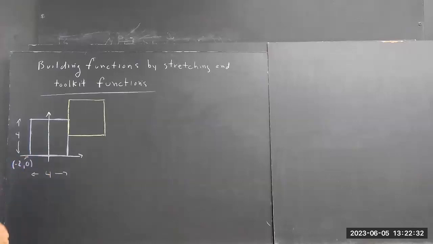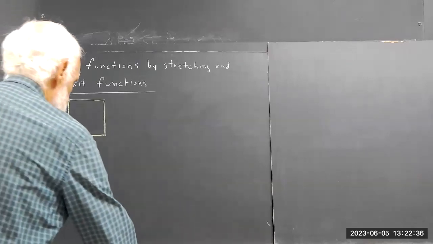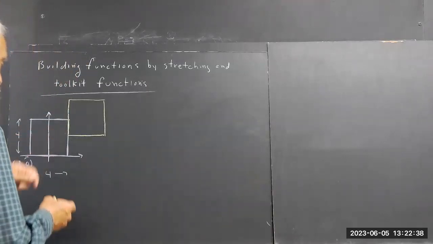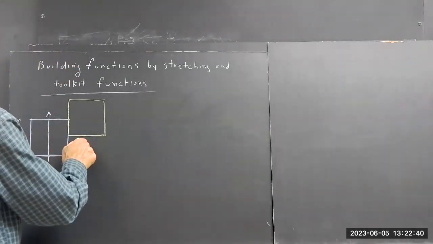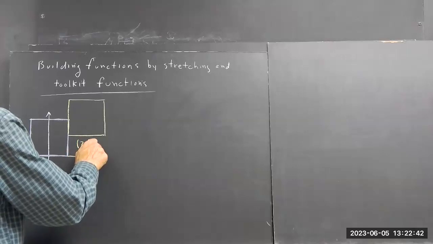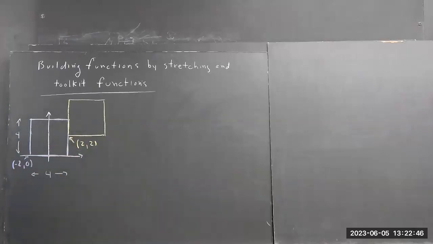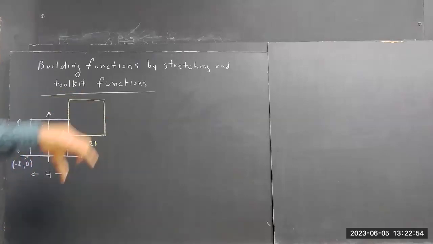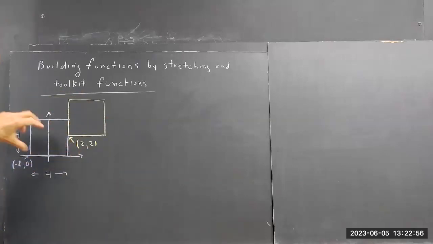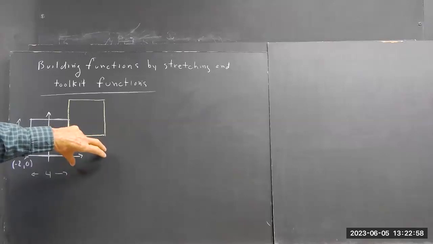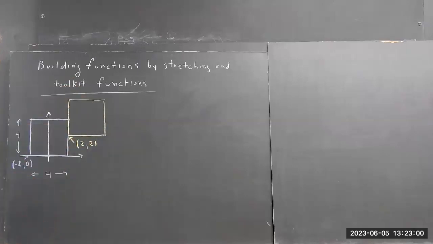But this corner is -2, 0. And this corner on the green box is 2, 2. Okay, well, a couple of things. It should be obvious the box has a width of 4. If this box is moved over to here, I had to move it 4 units to get here and 2 units up, right?